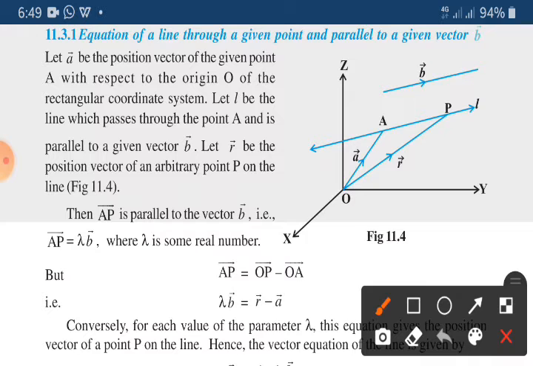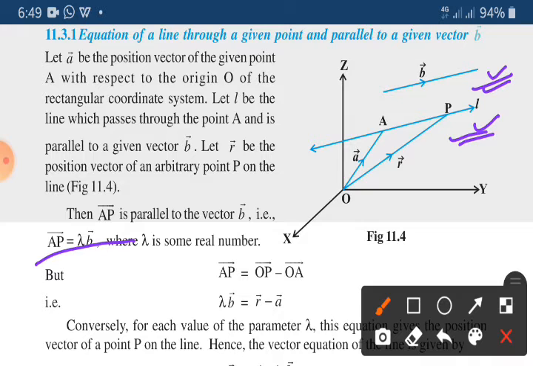the AP vector and b vector are parallel vectors. The AP vector is parallel to b vector. That is, AP vector equals lambda b vector, where lambda is some real number.